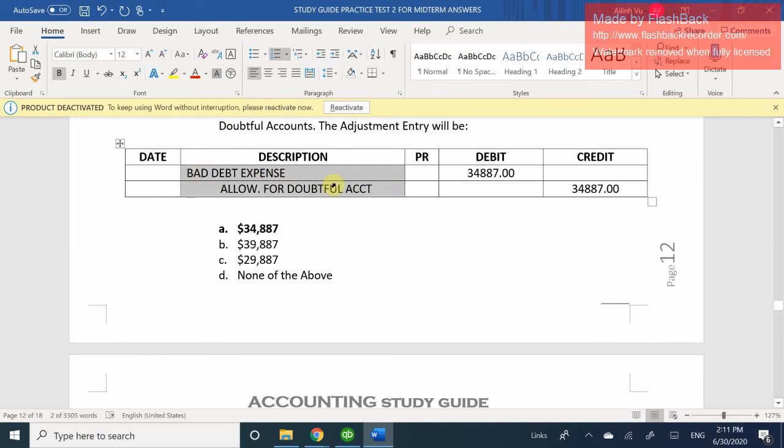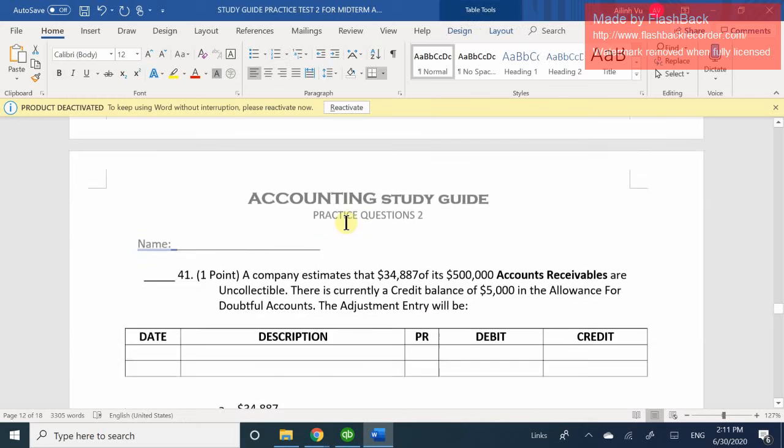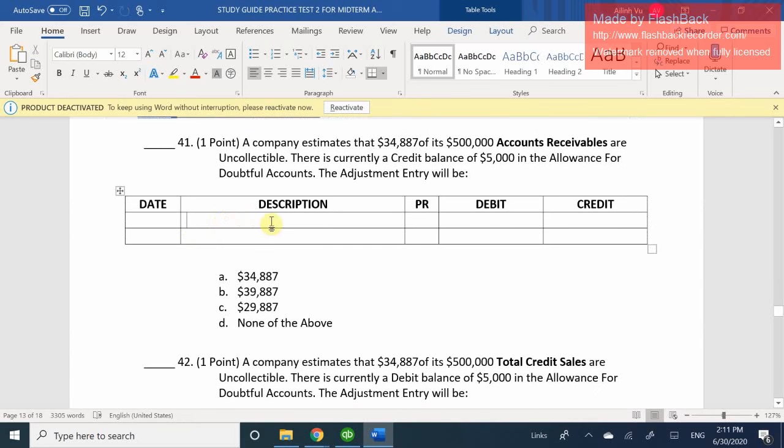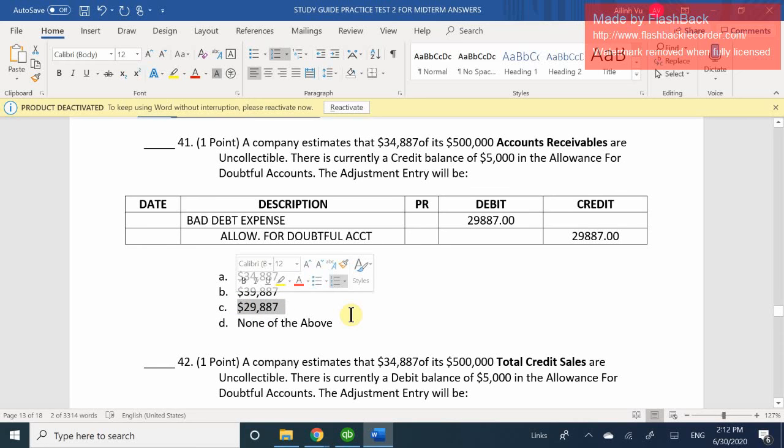Okay, so I'm just going to copy this: 29,887 debit and 29,887 credit. 29,887 is correct. So you recognize the word credit and accounts receivable, and because you recognize credit, it means to subtract. Therefore, 29,887 is correct.